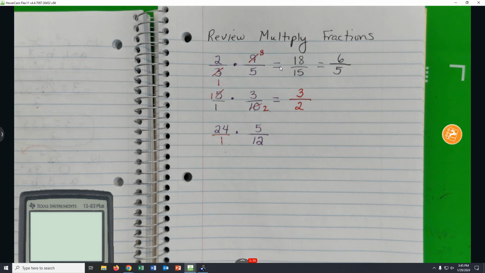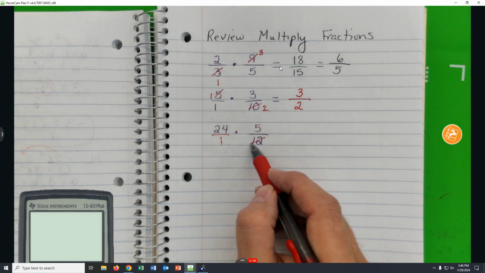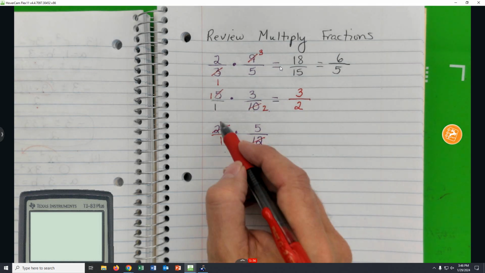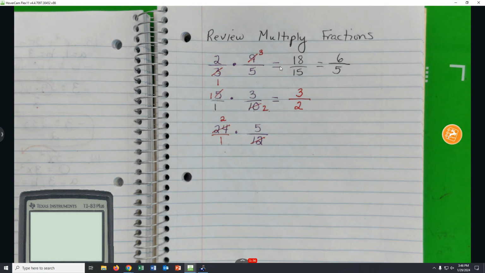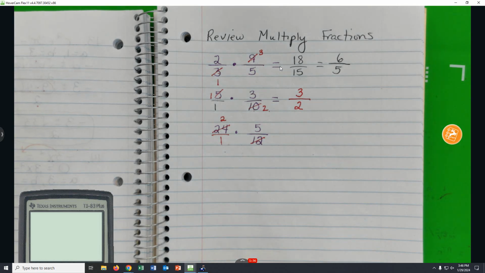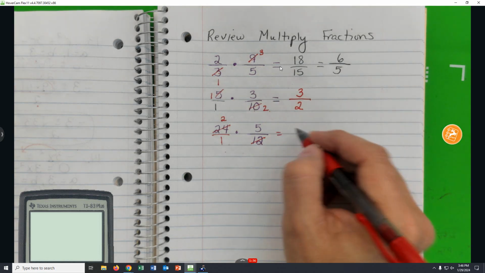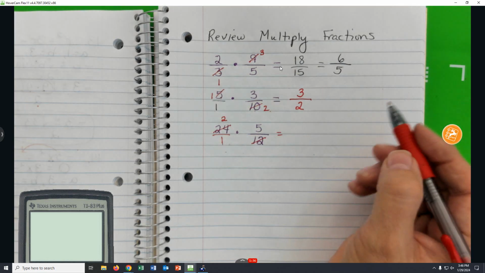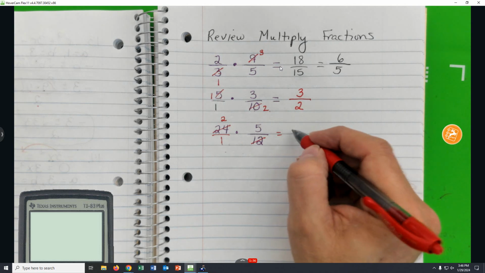And how would I cross cancel? 12 goes into 24 twice. Are we going to have a fraction as our answer here? No? It would just be what? 2 times 5, 10?